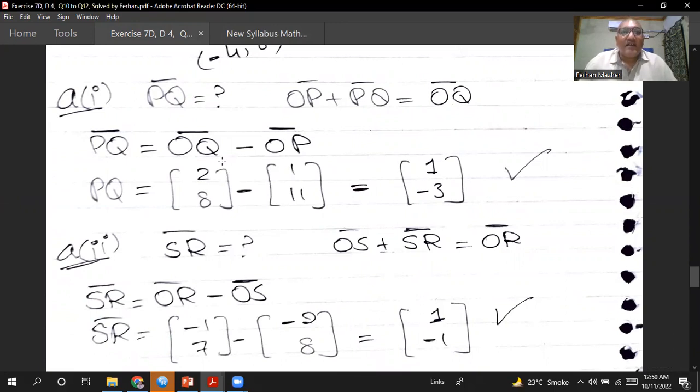So SR, you know the OR, the column vector of the point R, that is minus 1, 7 in the column vector. And the OS is the position vector of the S point, that is minus 2 and 8, in column vector form. So when you subtract them, you get minus 1 minus minus 2, that will be minus 1 plus 2, that will be positive 1. 7 minus 8, that will be minus 1. So the SR will be 1, minus 1 in the column vector. So hopefully you understand this, how this is done.